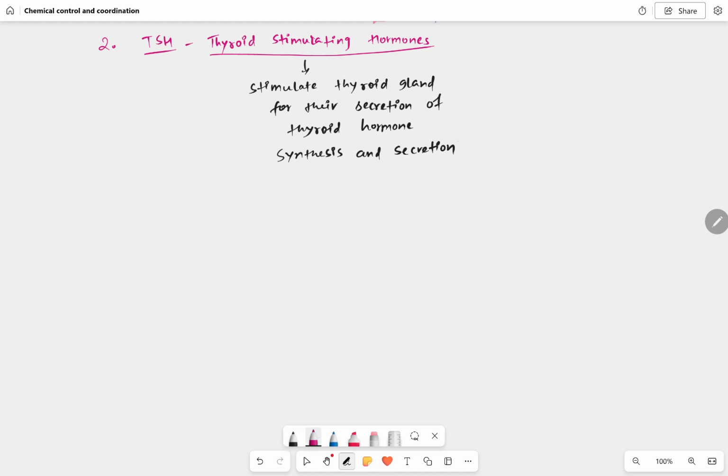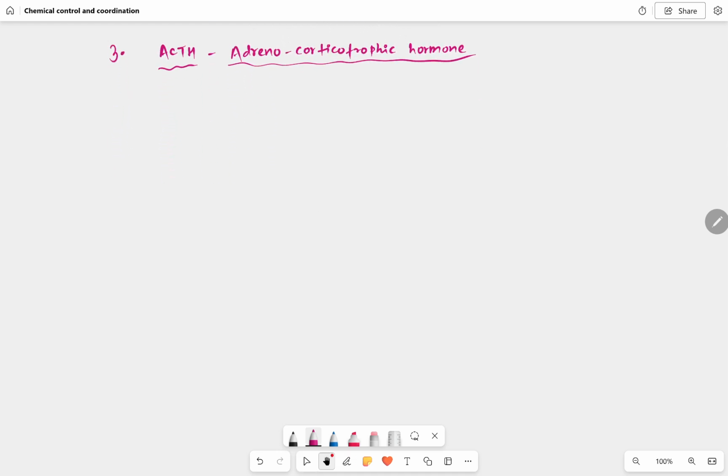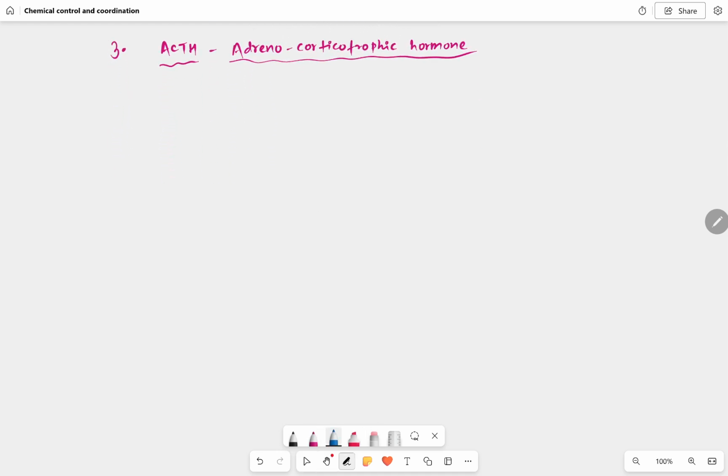The third is ACTH, the adrenocorticotropic hormone. ACTH will stimulate the adrenal gland.